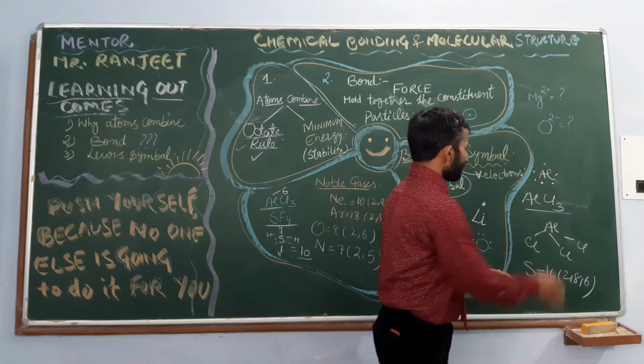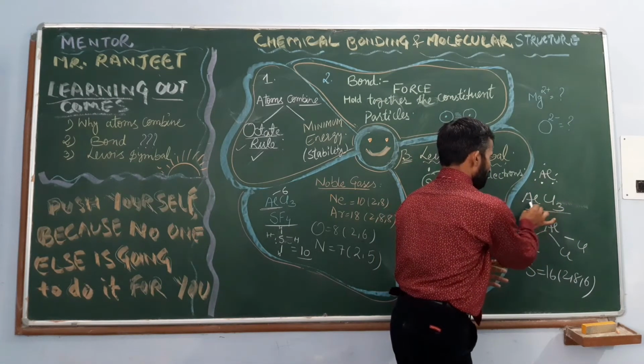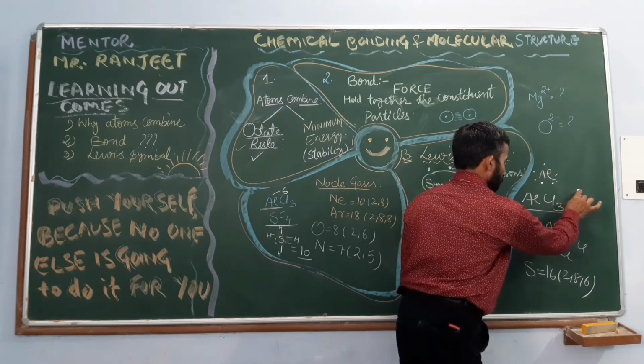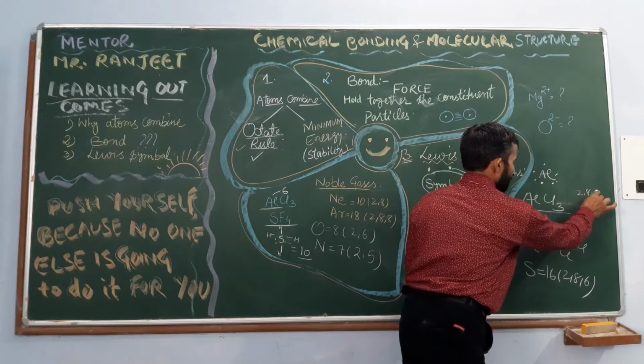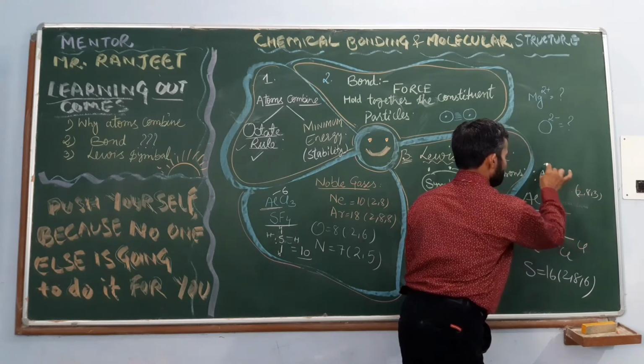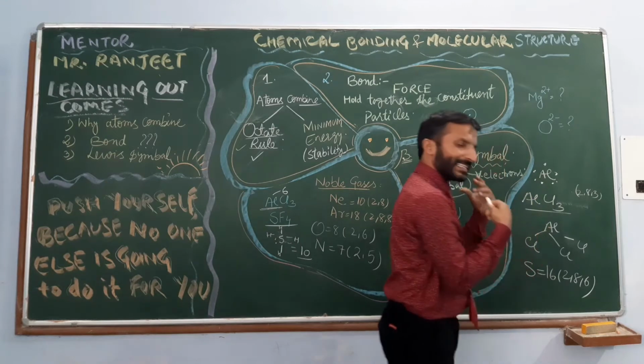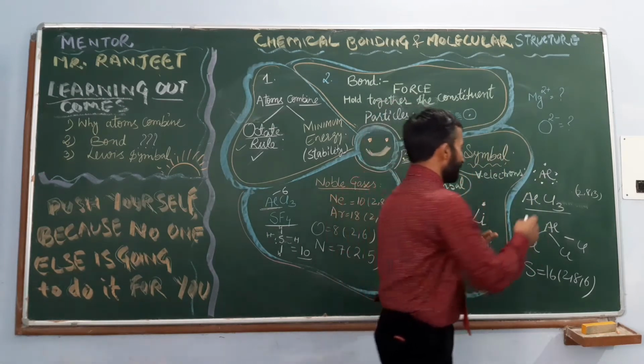Now see here, when you check the valency, aluminium has atomic number 13, so 2, 8, 3. 3 is its valency, 3 dots. I will tell why I have put these dots, but these are symbols.